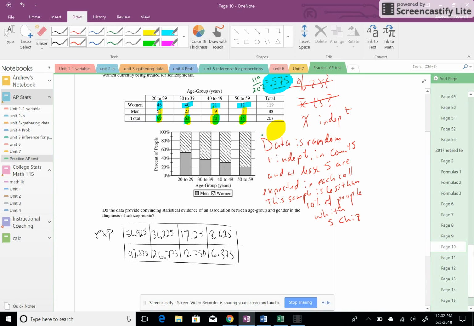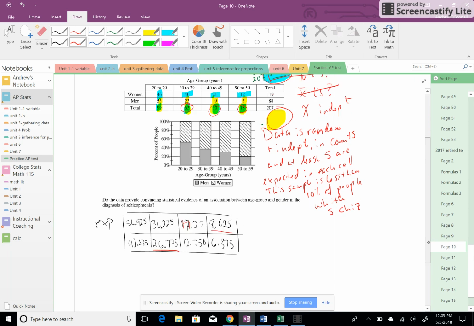So when you did 57.5 times the 15, you should have gotten 8.625, or the 57.5 times the 30, you should have gotten 17.25, and so forth. And then the 42.5 times the 63, you should have expected 26, almost 27 men, 30 to 39, to be diagnosed with schizophrenia.